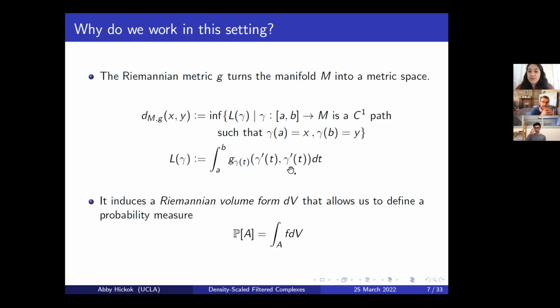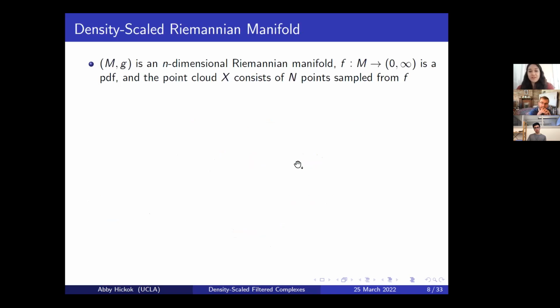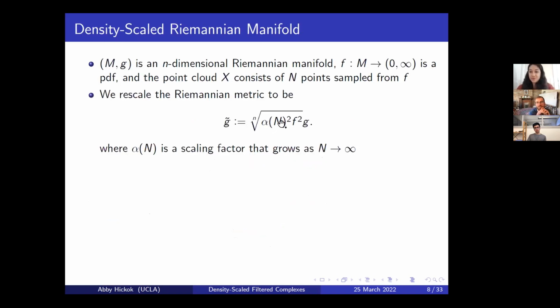The short answer is that when you plug in this velocity vector, this is the squared norm, and so then you take the square root to get the actual distance. Okay, cool, thank you. Yeah, thanks for asking.